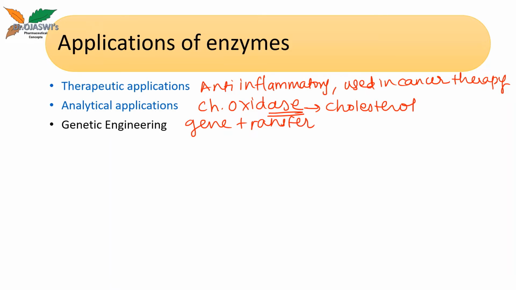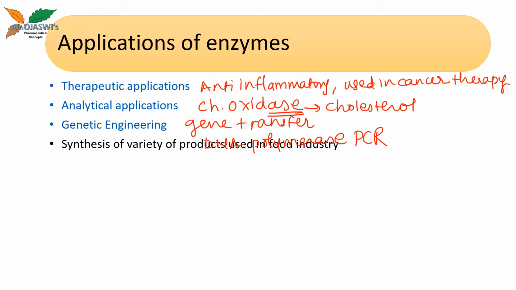There are DNA polymerase enzymes which are used in PCR, that is polymerase chain reaction. Enzymes are also used for synthesis of a variety of products in the food industry. For example, alpha amylases are used to convert starch to glucose.